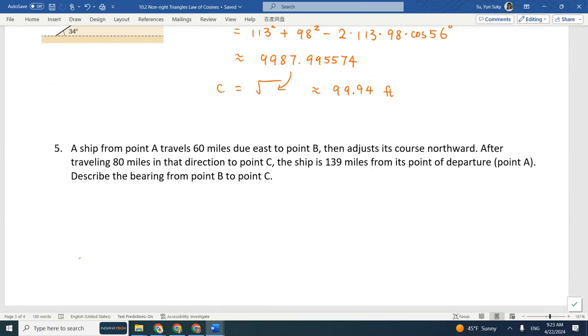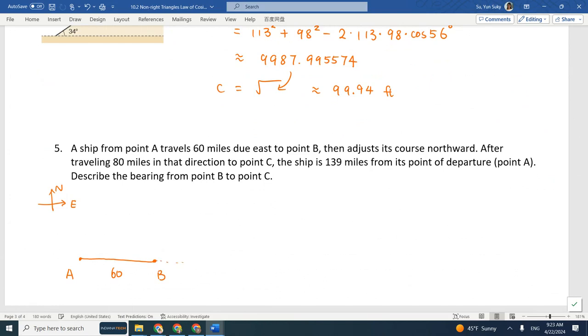So draw the picture. We have A, and it travels 60 miles east. You know, this is east, that's north, right? Okay, so east 60 miles, we get to point B.